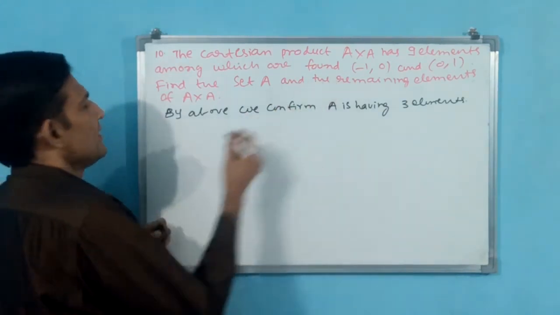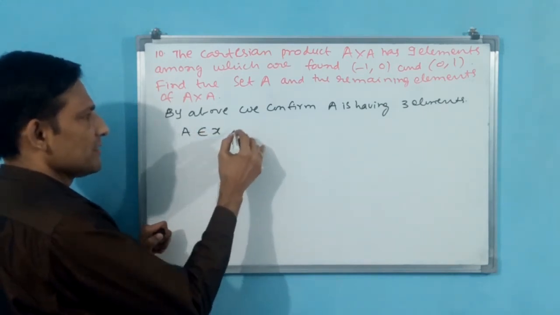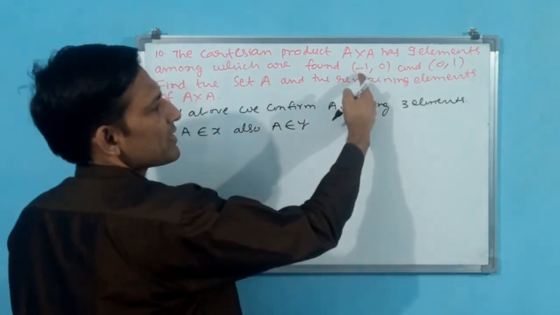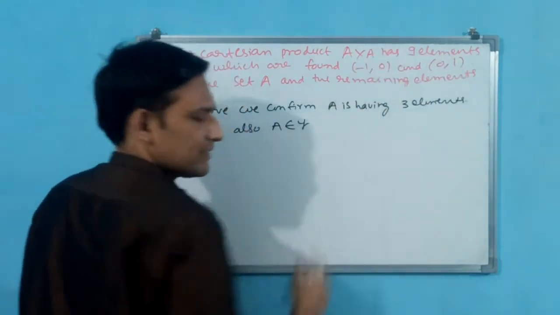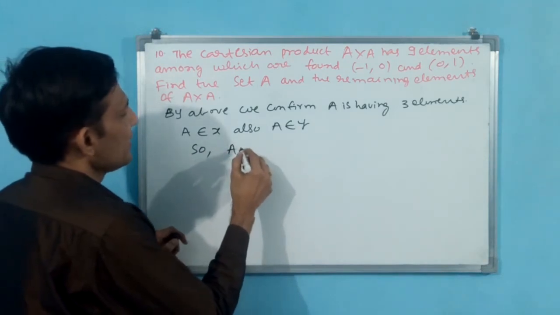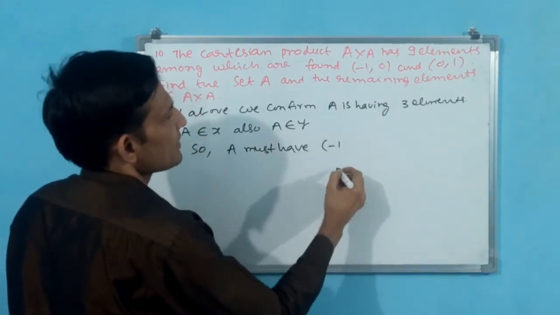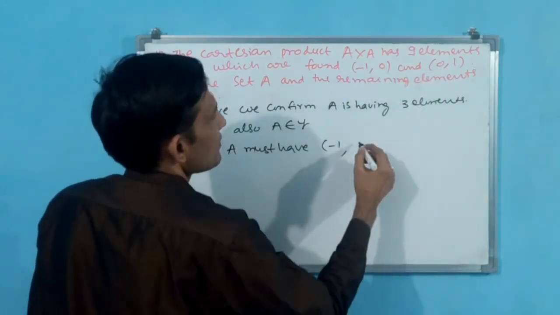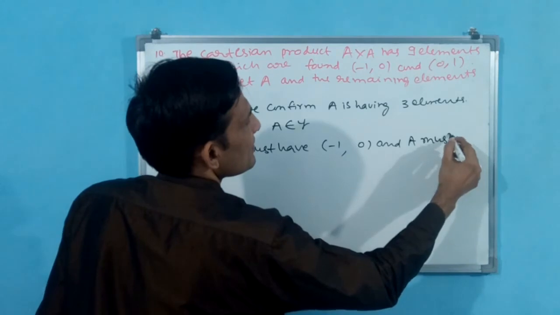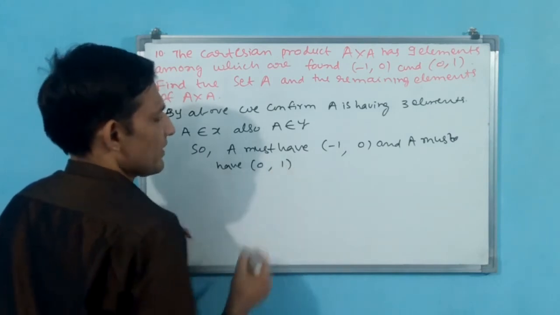And also, let us write. Why? Because A belongs to X, also A belongs to Y. See here, X is -1, 0, Y is 0, 1. So A must have -1, 0, and A must have 0, 1.